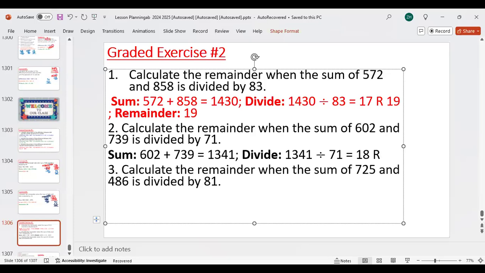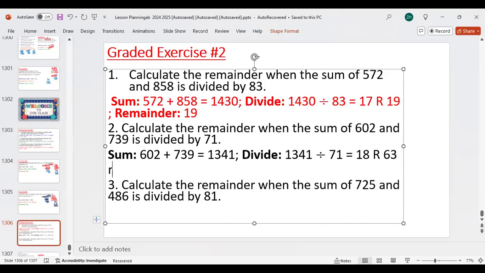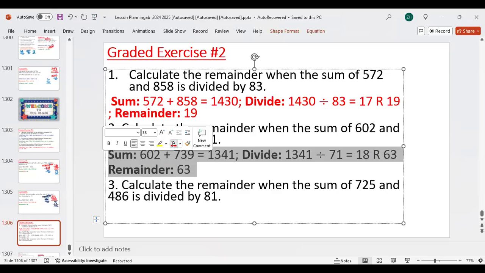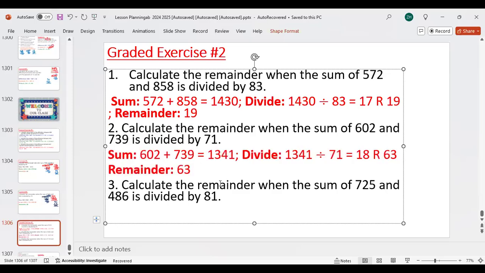Yes, sir, 18, remainder 63. Yeah, that's correct. And so the remainder here is going to be 63. Anyone else got that? Let me know, please, if you got it. Yes, I got that. I got it as well. Good.